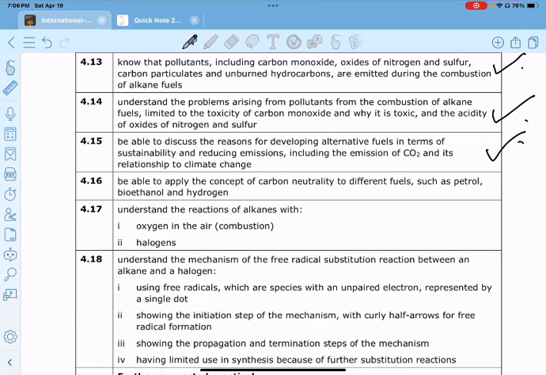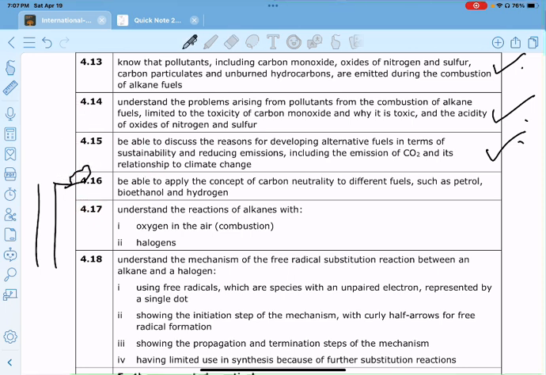Be able to apply the concept of carbon neutrality to different fuels such as petrol and bioethanol. Again, this is not tested as much, but what is carbon neutrality? When you burn a tree, it releases CO2 as gas, but it is said to be carbon neutral. Why? Because throughout the plant's life, this is a tree, its leaves, this is a leaf, it takes in CO2 and holds that CO2 to grow, okay?